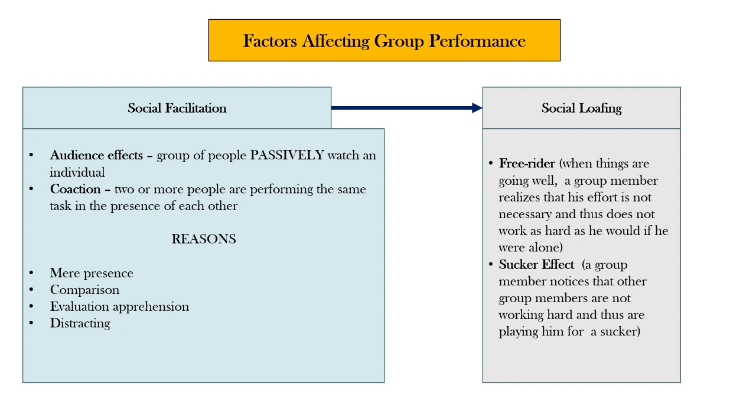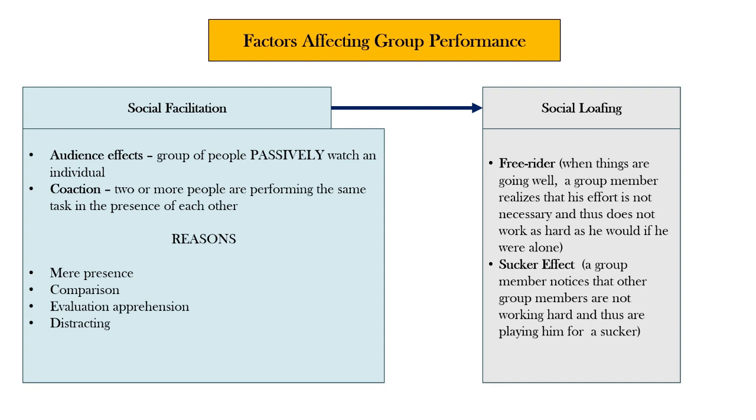Social facilitation involves the positive effects of the presence of others on an individual's behavior, while social inhibition involves the negative effects of others' presence.